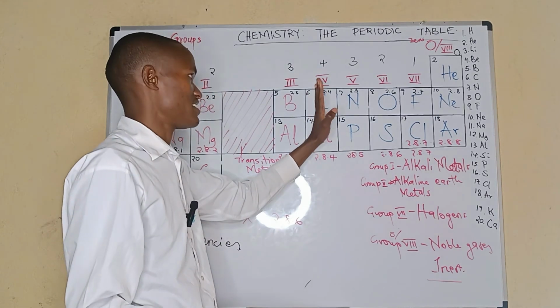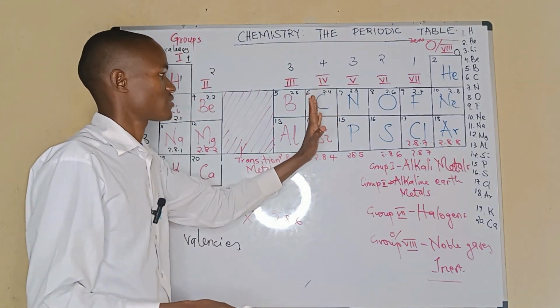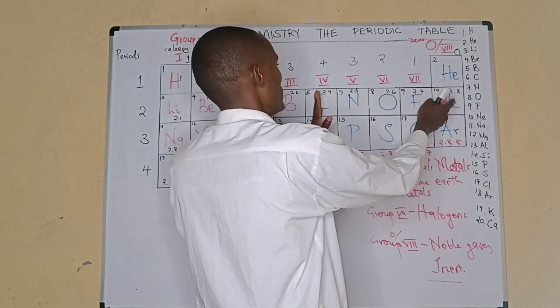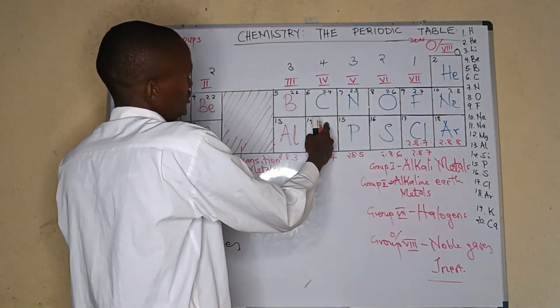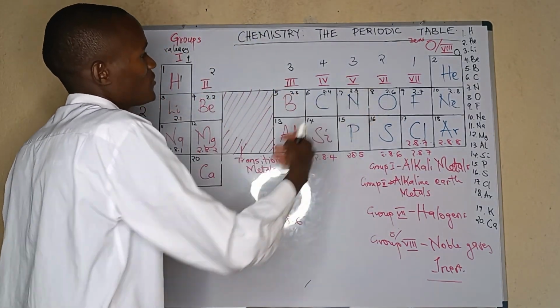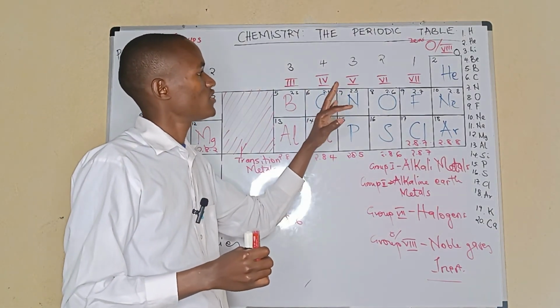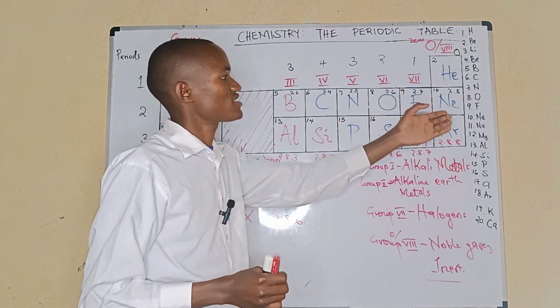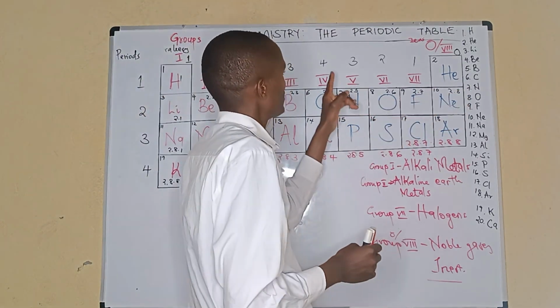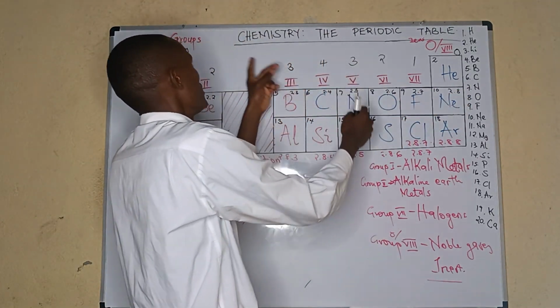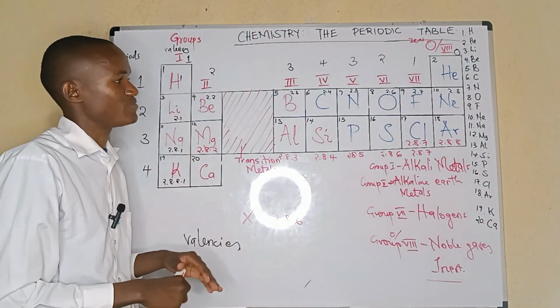So this part here is the middle. From here we have 1, 2, 3, 4 for groups. In the middle we have 4. They can either lose 4 or gain 4. These ones don't lose or gain. So we have 4, 3, 2, 1. Yes, it is at the middle.